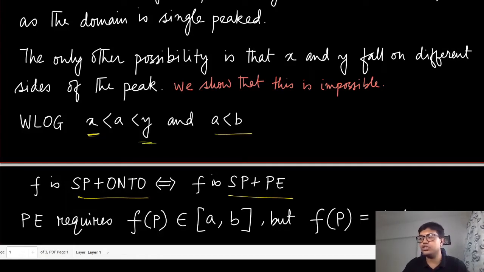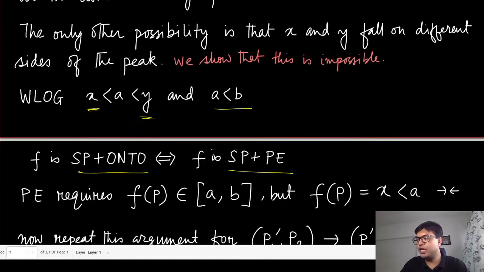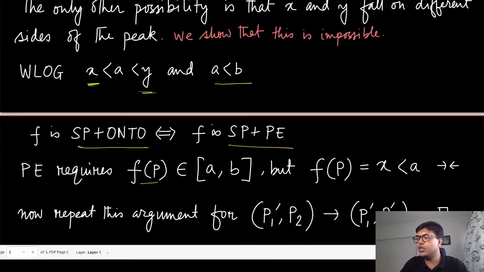Again without loss of generality, A is less than B, so the peak of the first player is on the left of the peak of the second player. Now, what should happen for Pareto efficiency is that the outcome should lie between A and B. This is a very crucial point. You can already observe that X is living on the left of it. That is already a contradiction, because X is an outcome of a social choice function which is Pareto efficient, so this cannot happen.